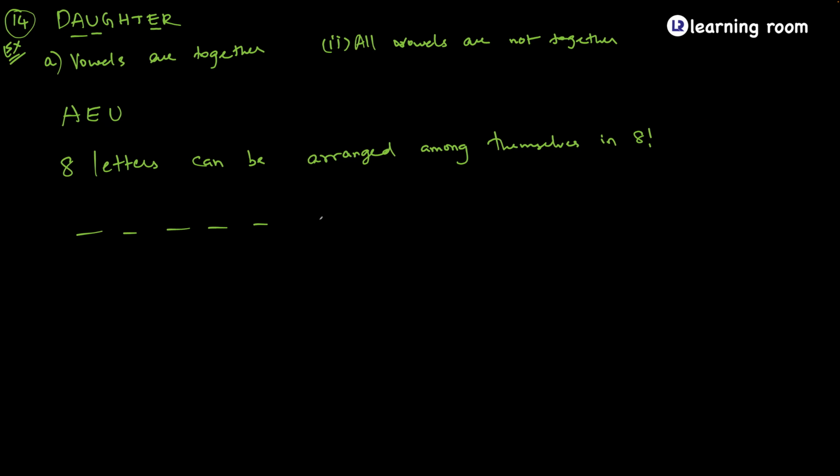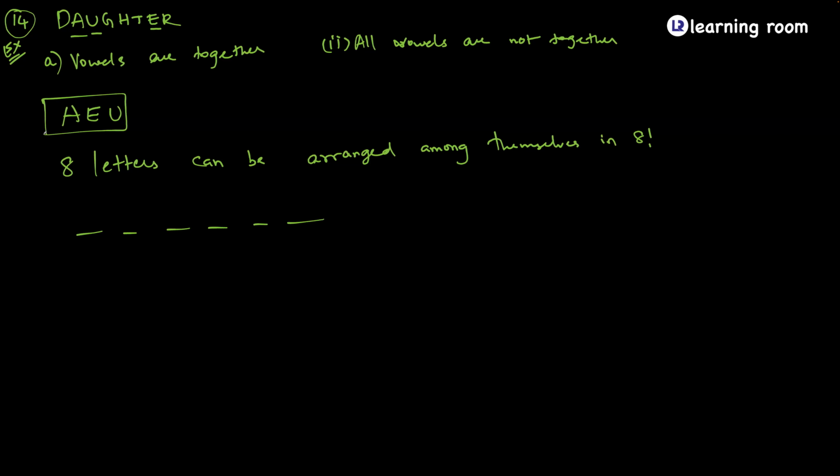Plus the 6th blank space, I will leave it for vowels, where I'm going to treat A, E, U as a single object. So whenever there is a problem, they say that these things are supposed to be together, right? The things that are supposed to be together should be treated as one word, as a single object.